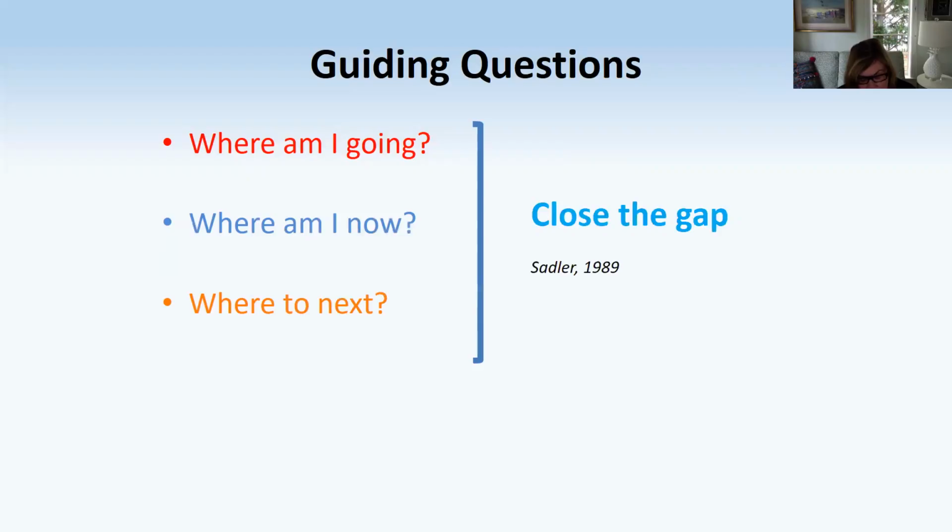We still have an achievement gap, unfortunately, where some subgroups of students aren't doing as well as other students. But that isn't applicable to formative assessment in terms of the gap. The gap is, where do I start at the beginning of the lesson? Where do I want to end up? And then formative assessment helps me as a student and me as a teacher close that gap.